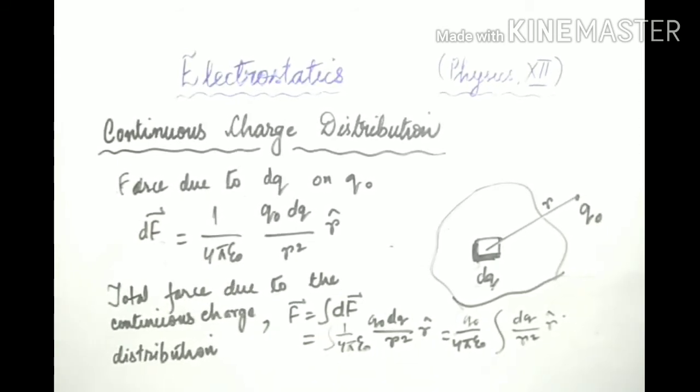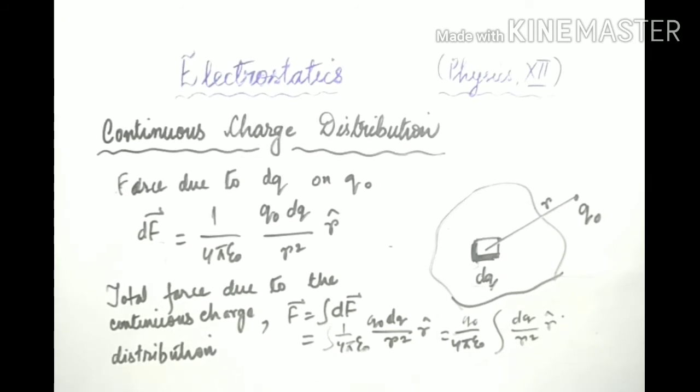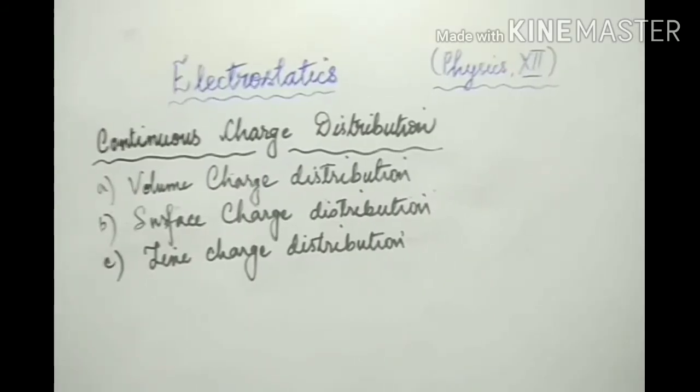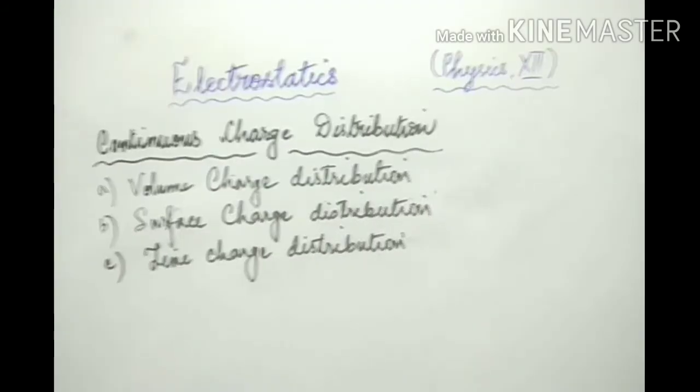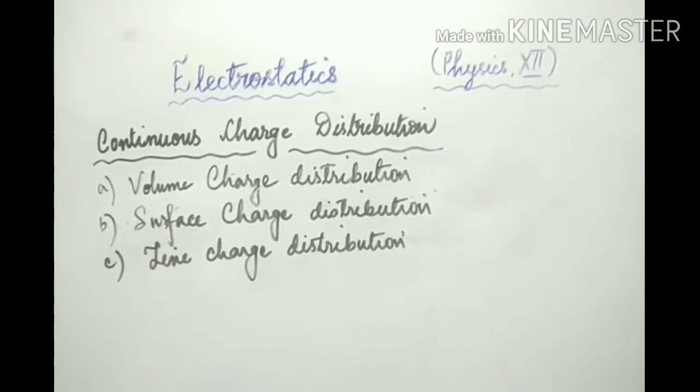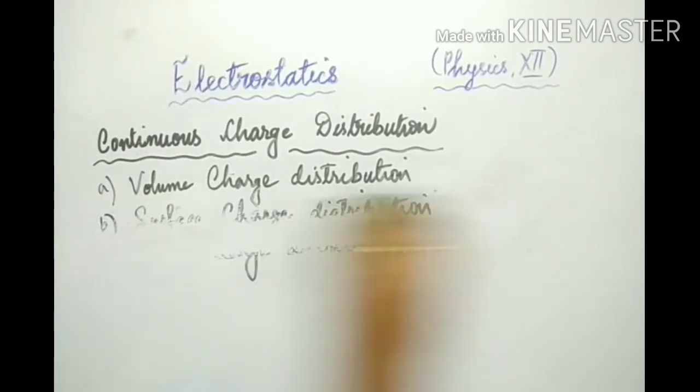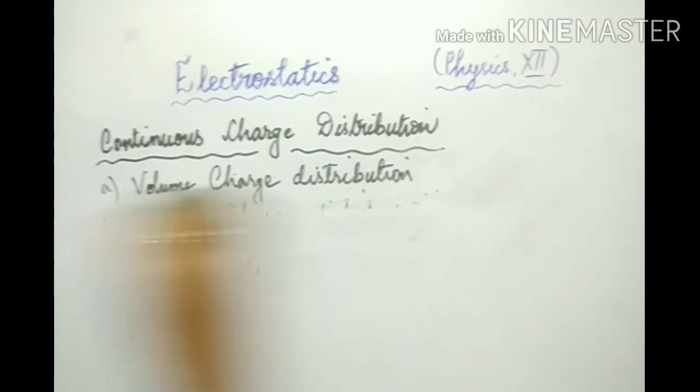Now, there are 3 different types of continuous charge distributions. They are volume charge distribution, surface charge distribution, and line charge distribution. Let us see how these can be represented. Let us first start with volume charge distribution.